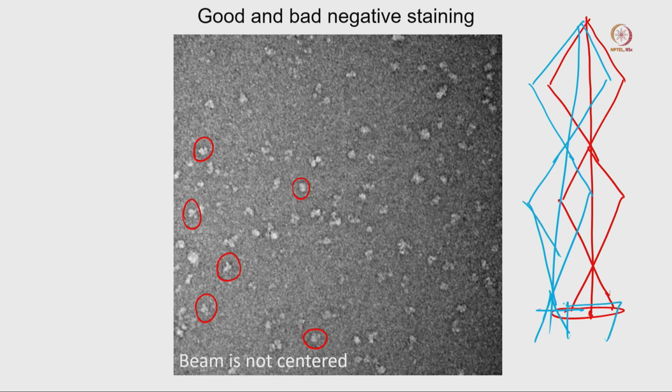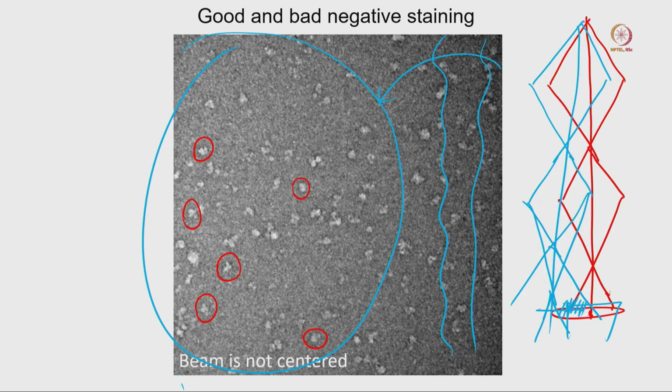If you have a crossover point somewhere here, you will get some kind of beam in this particular region to image within that camera, but the rest of the part will come as a very black area. So you can see this particular area is much thicker than this particular region. So one possibility is that the beam is not centered properly, or this is the area where you have a thick stain and this is the comparatively lighter area.